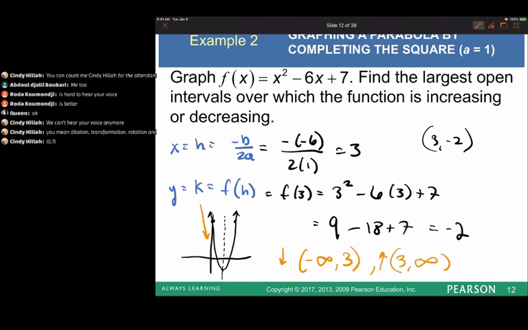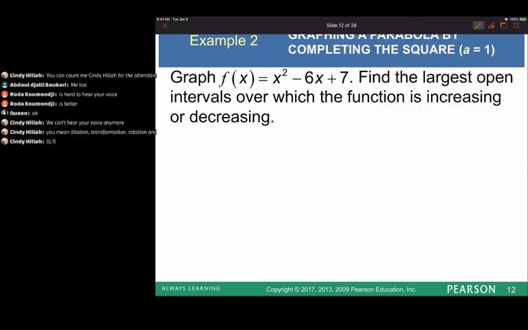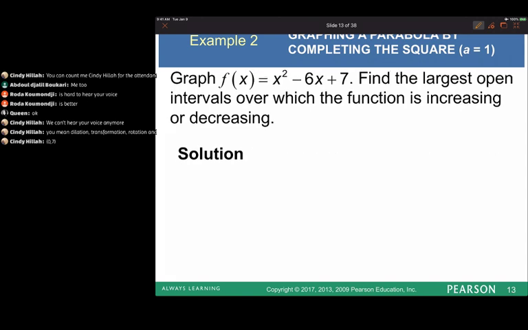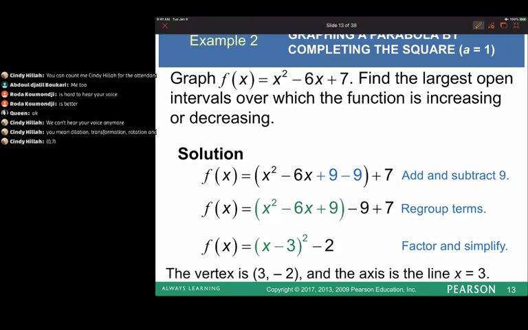I'm going to clear out this screen. So they use completing the square here. Okay, that's fine. So you see they get the vertex occurs at (3, -2), and I think we used the vertex formula, and that's fine. So then we have this axis of symmetry.